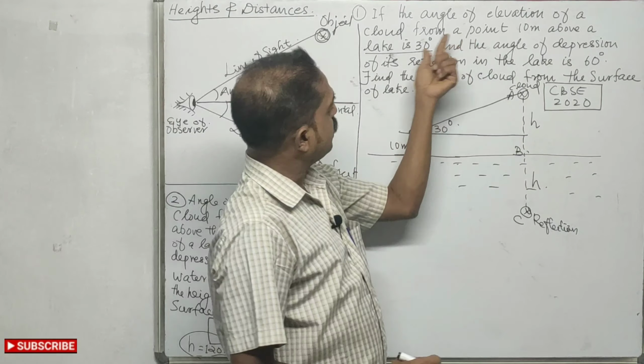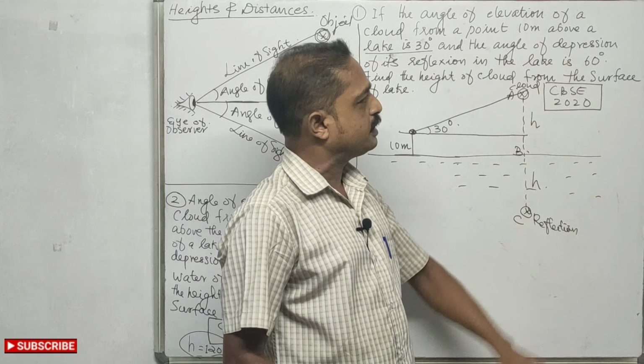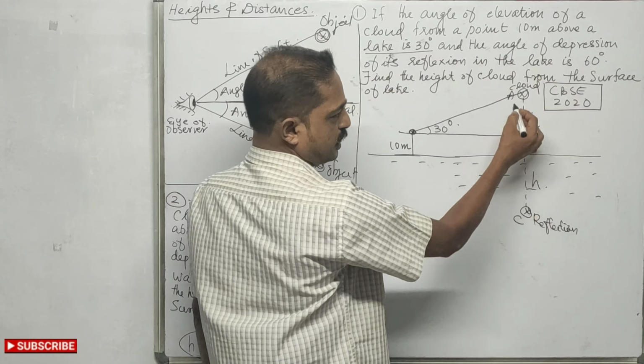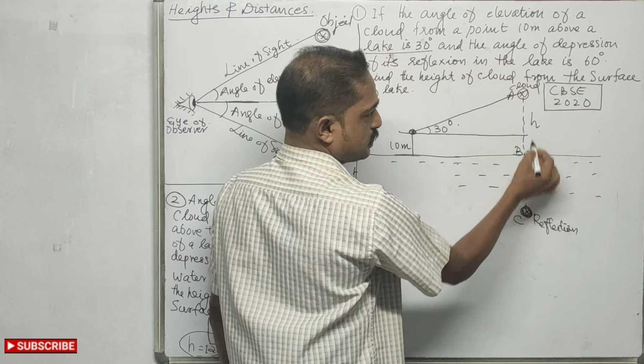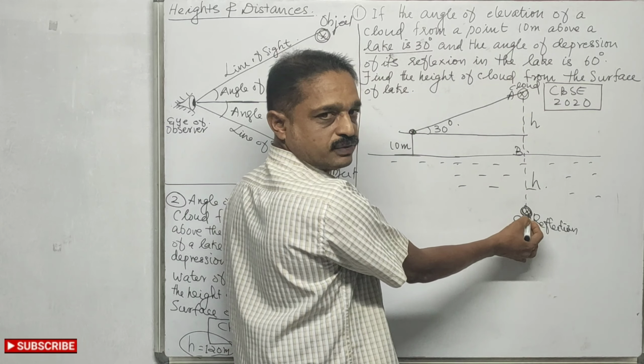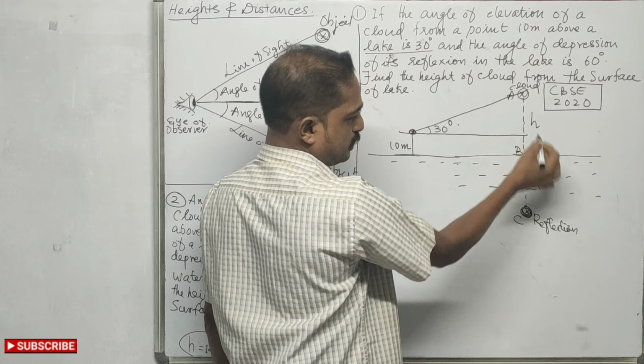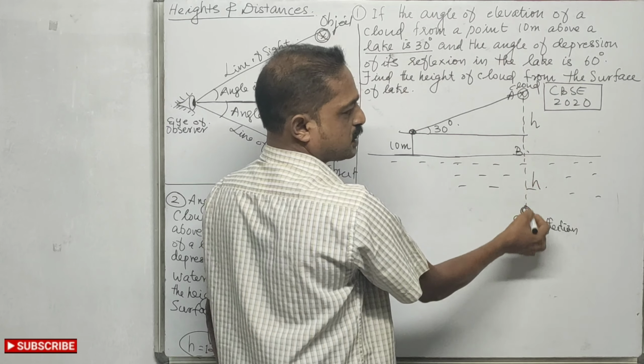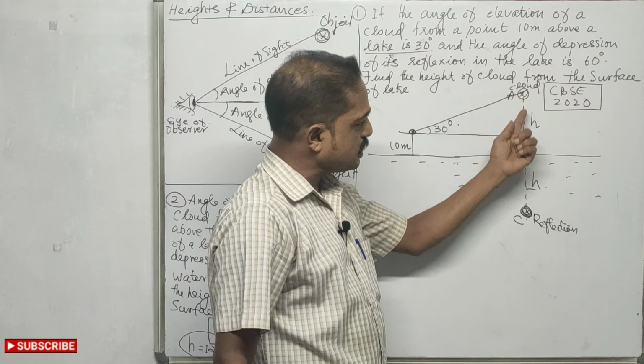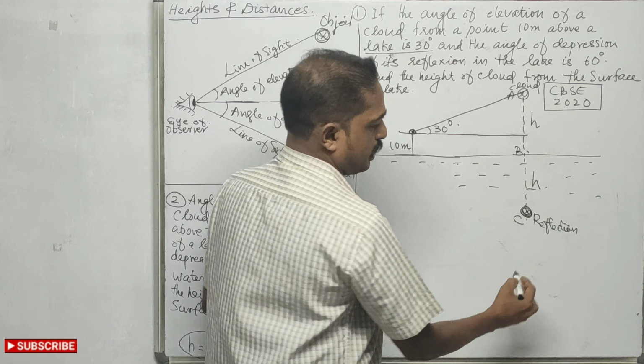And then the angle of depression of its reflection in the lake is 60 degrees. So this is the cloud and this is the reflection of the cloud. If this point C is the reflection of the cloud, we know that the distance AB must be equal to BC.